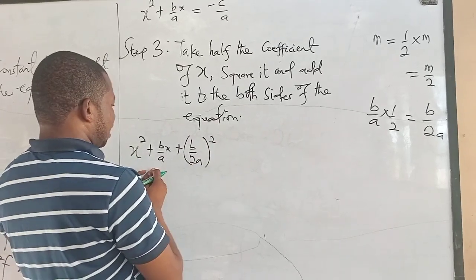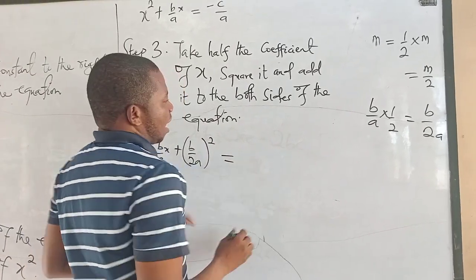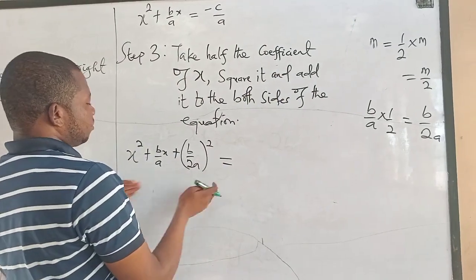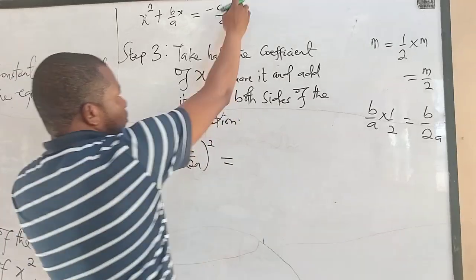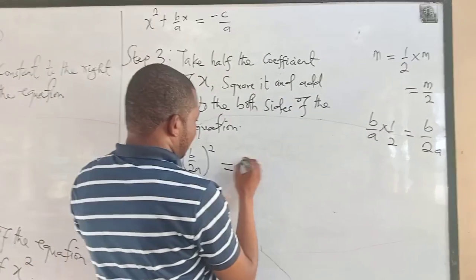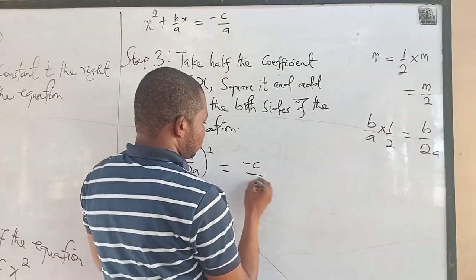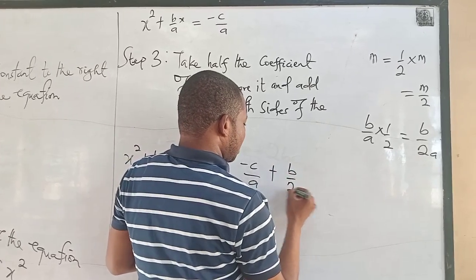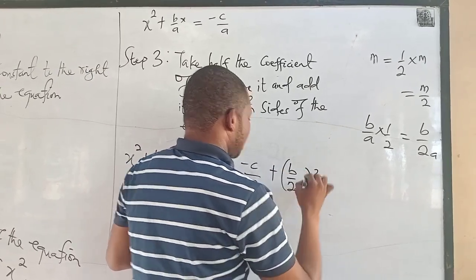I've added it here on the left hand side, so I'm yet to add it to the right hand side. I have minus c over a, then plus b over 2a all squared.